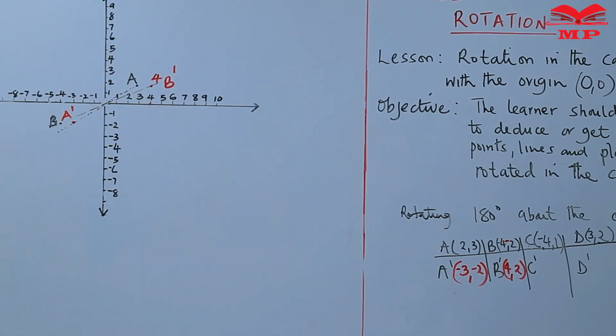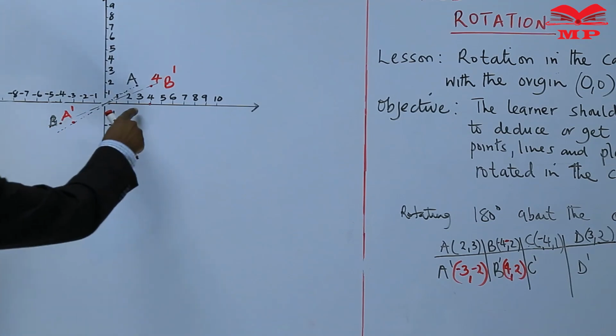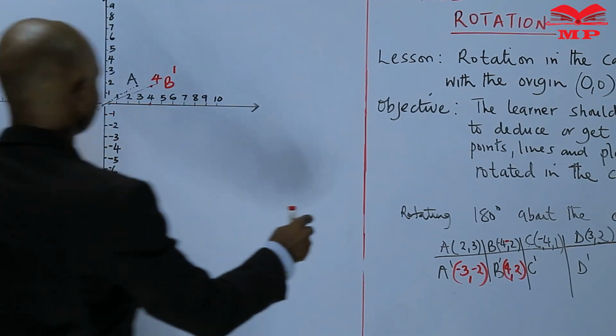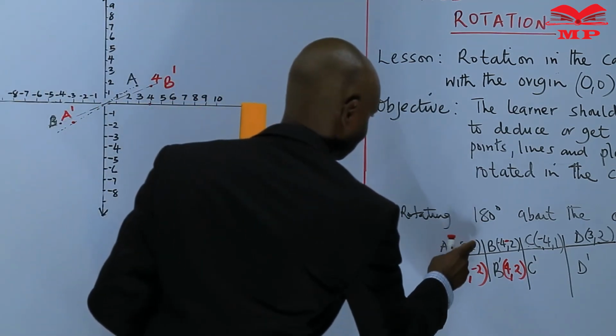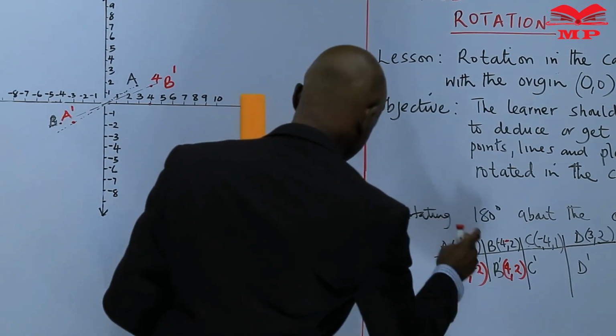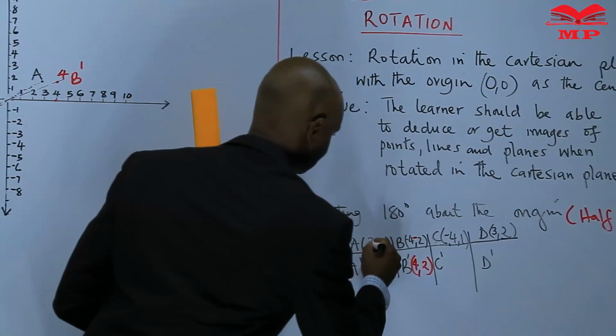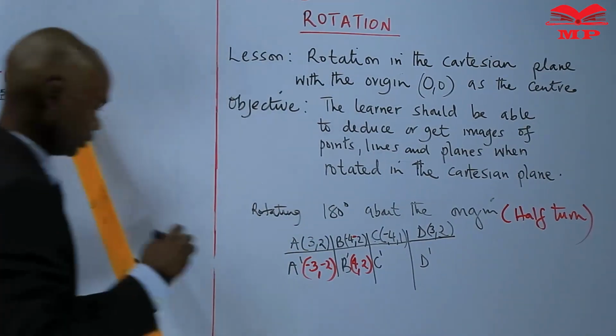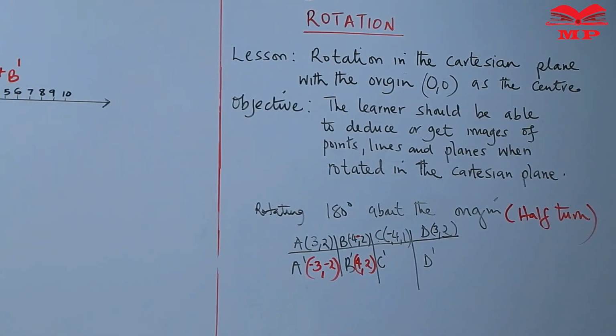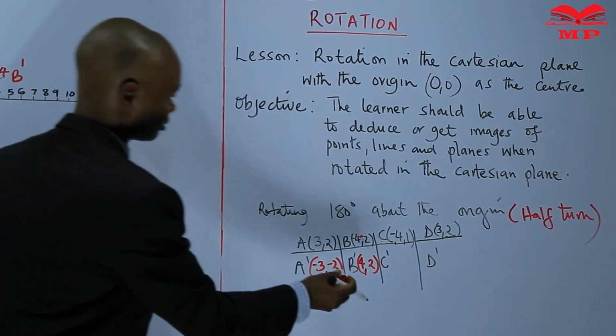A was 3, 2, and it became negative 3, negative 2.